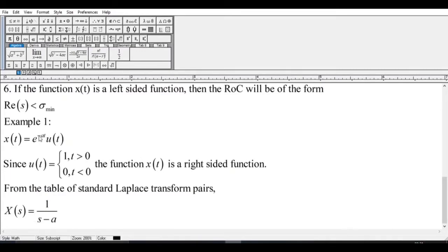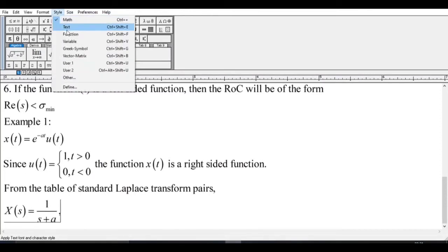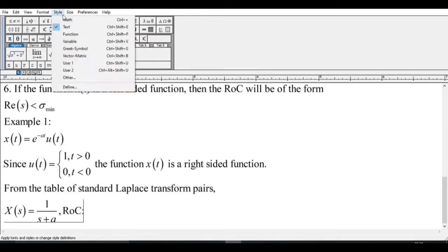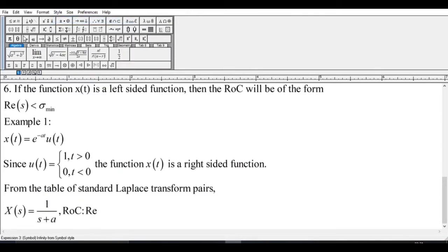Now, since the function is a right-sided function and the pole is located at s equal to minus a, the ROC will be real of s greater than minus a. So it is of the form real of s greater than sigma max.